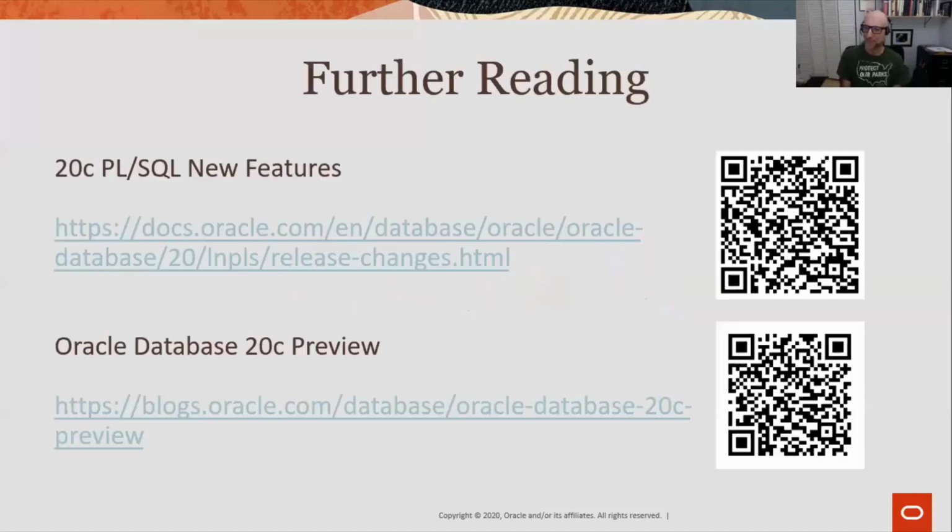Alrighty then. I think that's it. Yeah, that's pretty much. So just a couple of bits of odds and ends where you might want to go. You want to check out the new features guide where you can go into a bit more depth of all these features and see all those cool and crazy things you can do with iterators, aggregate qualified expressions as we call them. If you want to play with this, you can do so on our cloud with the 20C preview. This isn't part of the free offerings, so you will need to have a paid account to actually do that, or have some free credits or something like that. But it is available.